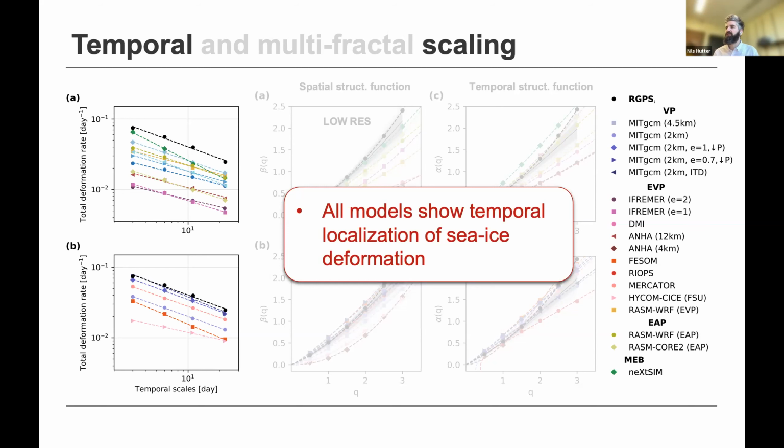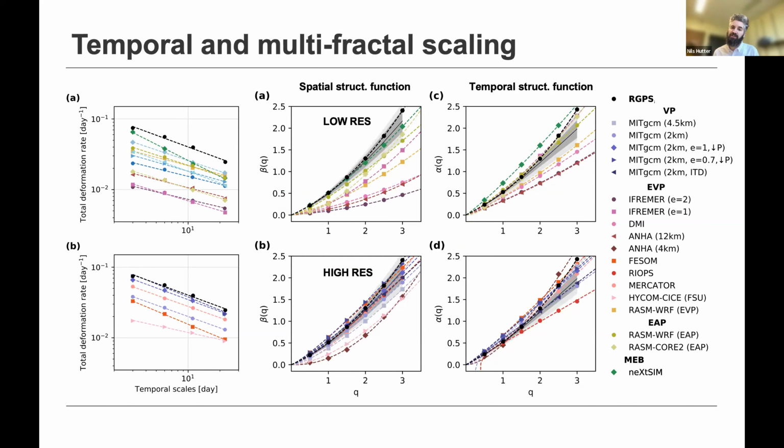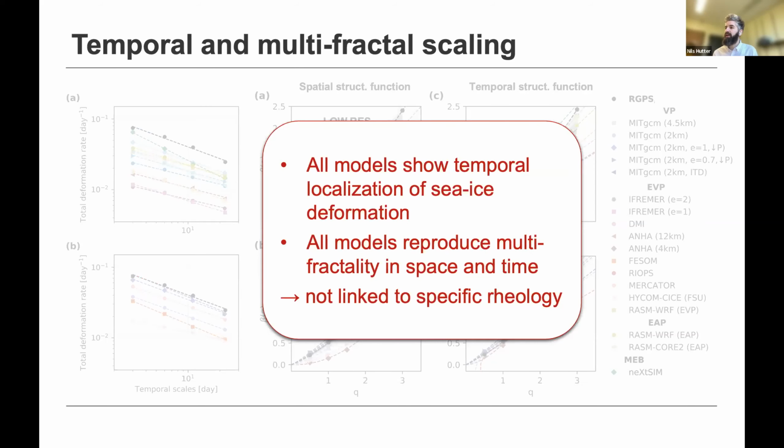And the other statistic where we are surprised to see that all models reproduce this is the multi-fractal scaling. So when you do the scaling analysis also for different orders, moments, than just the mean, and look basically again at how this localization changed with the intensity of the deformation. And also there, Amelie found that basically all models are able to reproduce multi-fractality in space and time.